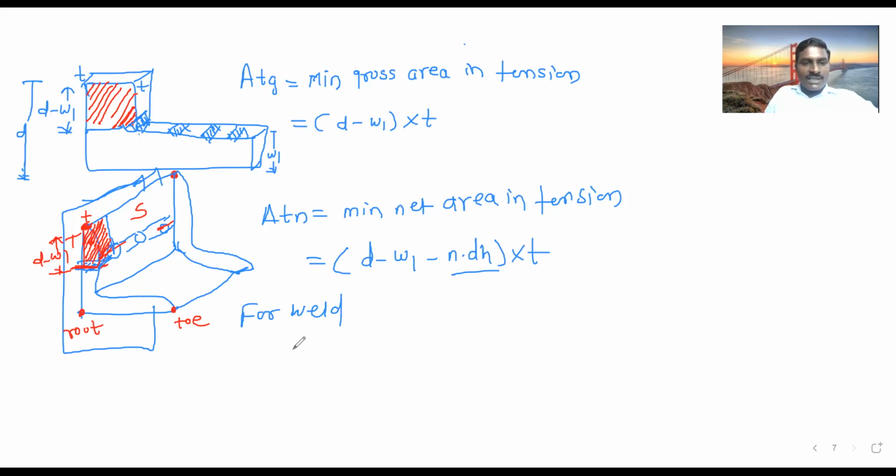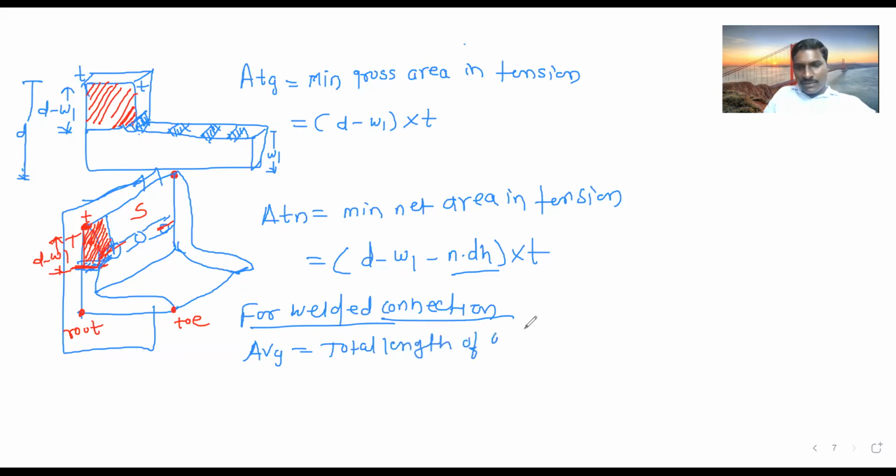For a welded connection, write down first: AVG is equal to total length of weld into T. AVN is equal to, again the same formula, total length of weld into T, the same formula for AVG and AVN.